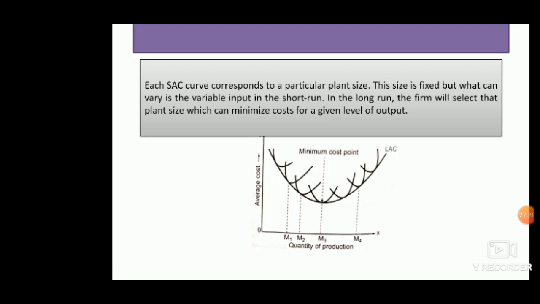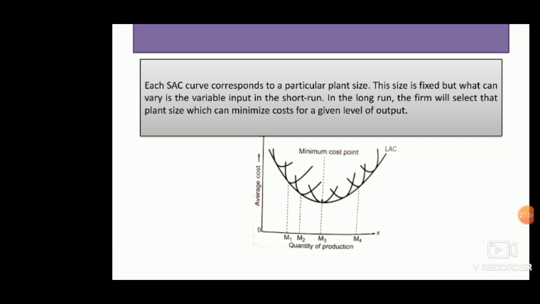If the firm want to produce OM1, understand what is the reason behind this. So if I am having one example to understand this concept. If the firm want to produce OM1 quantity, it must select SAC2 and its average cost will be AM1.